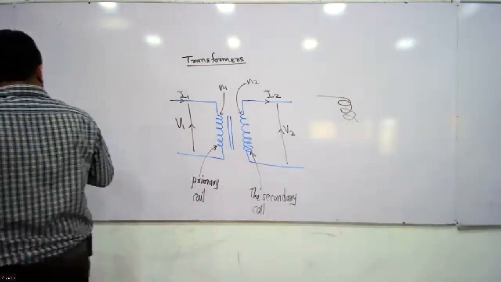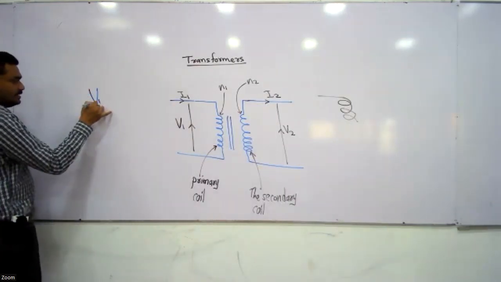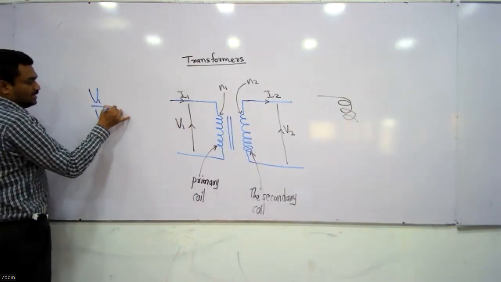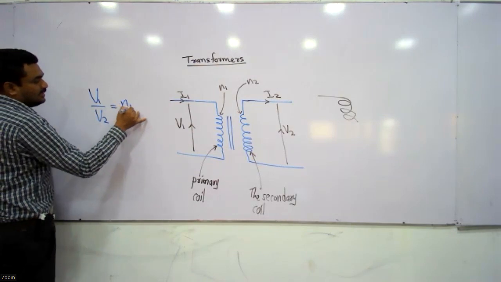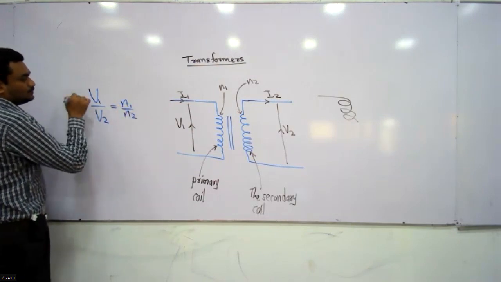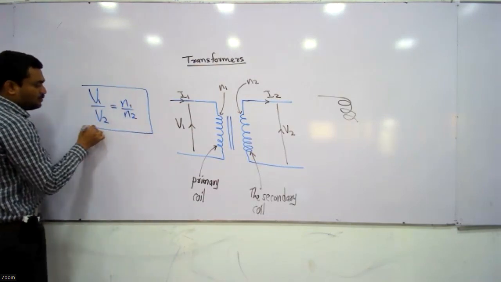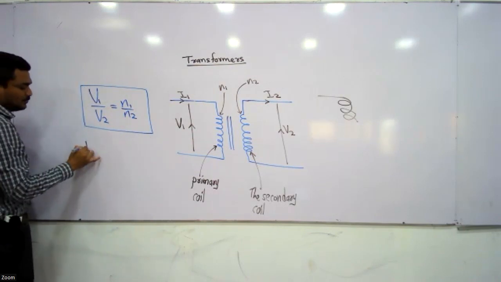No need to prove the equation, you just want to remember. V1 over V2 equals N1 over N2.